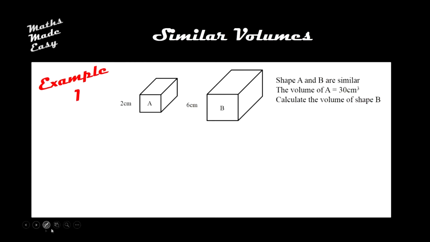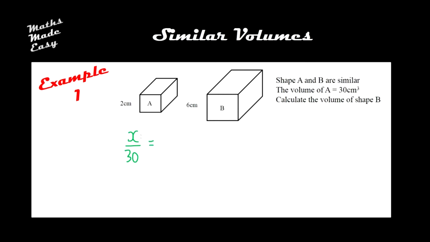Let's see how we can use this in a question. So here we have an example. We've got two shapes A and B which are similar, and the volume of the first one we're told is 30 centimeters cubed. Calculate the volume of the second one. So much like similar areas or similar triangles, I start by writing x over. So x is going to be my volume of the second shape, so I would divide that by the volume of the first shape.